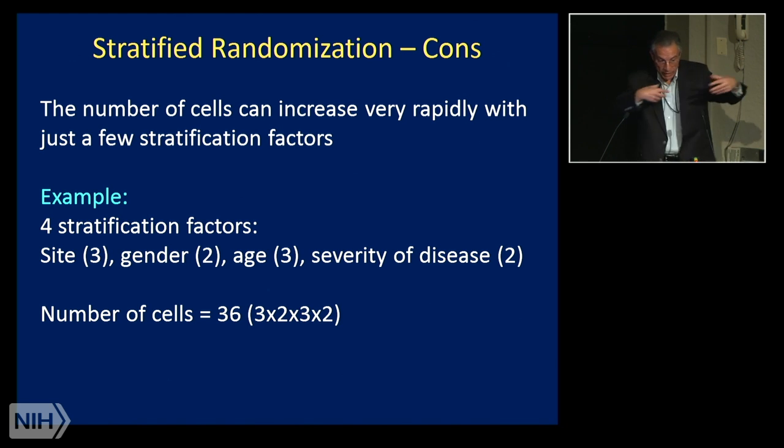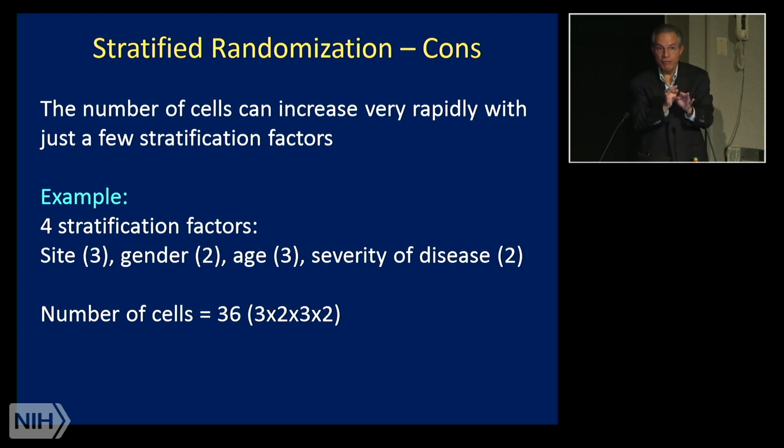In other words, if you take now a combination, the young women with a low severity, this is one cell. You've created 36 cells. And remember, stratified randomization is going to treat each cell as a separate clinical trial. So now the groups in each cell are randomized separately.